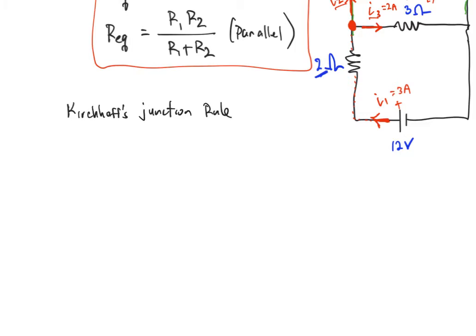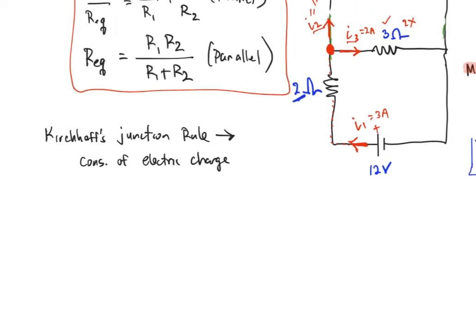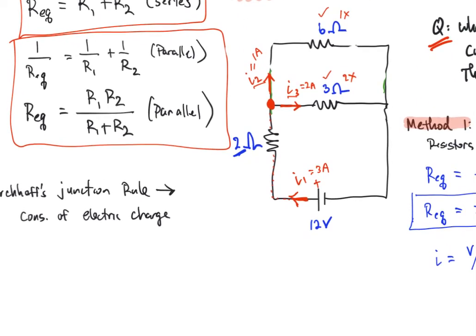And this is really a restatement of the conservation of electric charge. What this says is, if I take a look at a junction, and this thing right here is a junction, then the total amount of current that goes into the junction has to equal the total amount of current out of the junction.